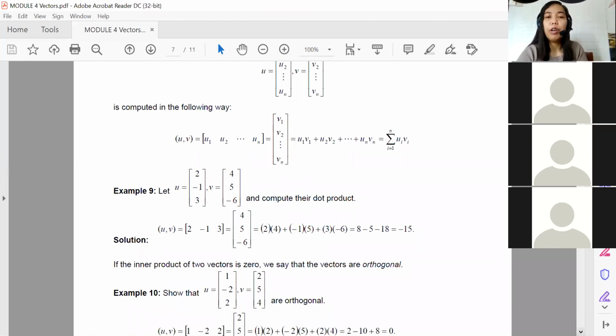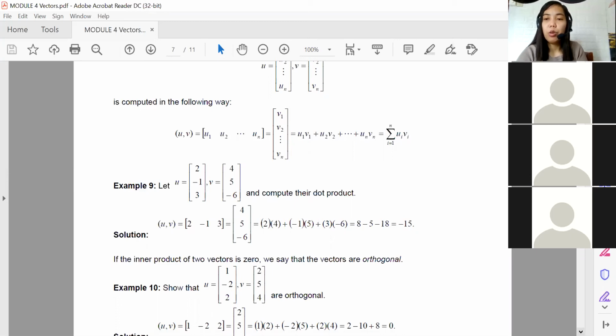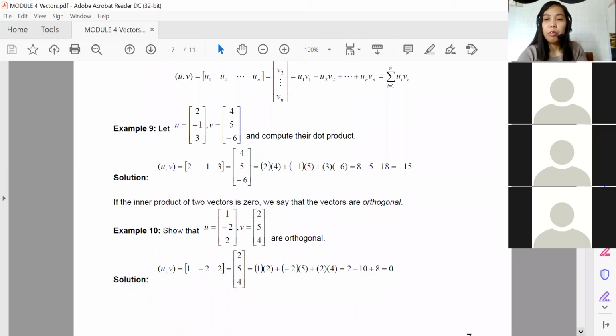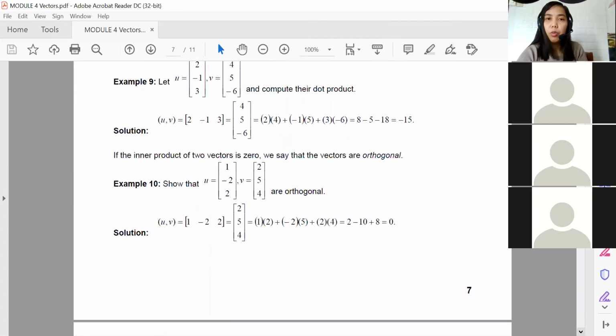If the inner product of two vectors is 0, we say that the vectors are orthogonal. So if you have the answer 0, okay, when you get their inner product, we call that orthogonal. So number 10, show that vector u and vector v are orthogonal. So we will have uv. So transpose this, we will have 1, -2, 2, may equal sign na naman. And then multiply it by v.